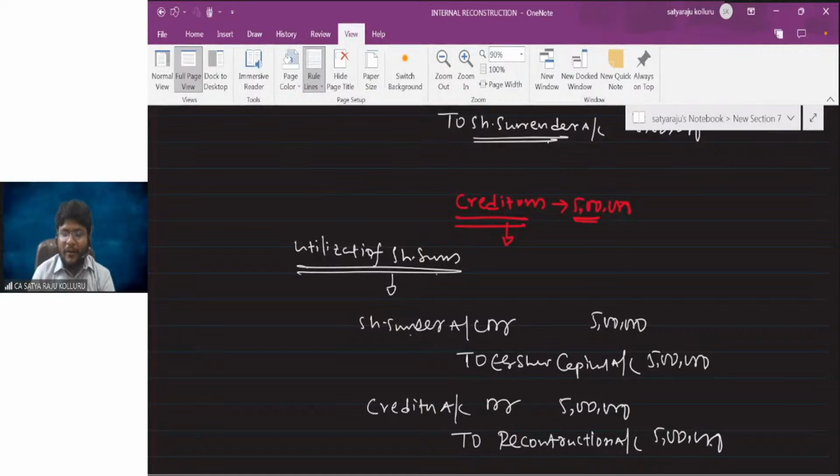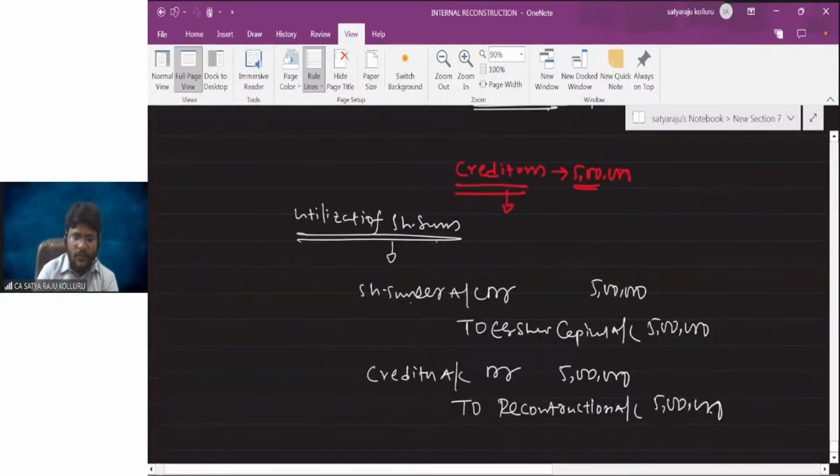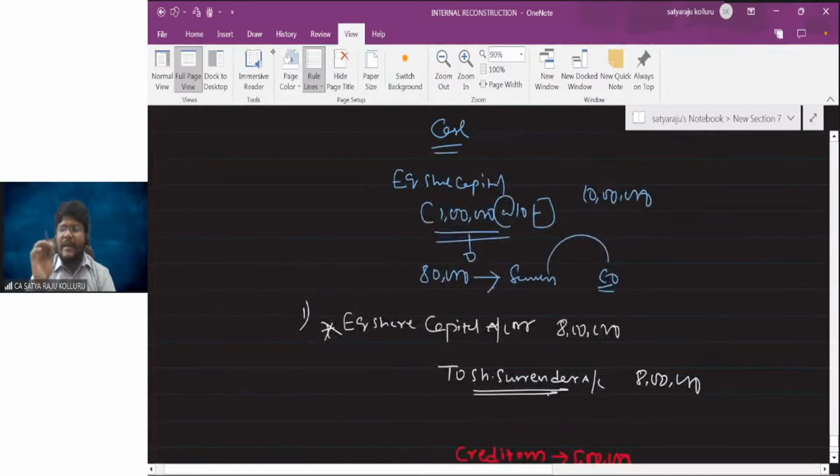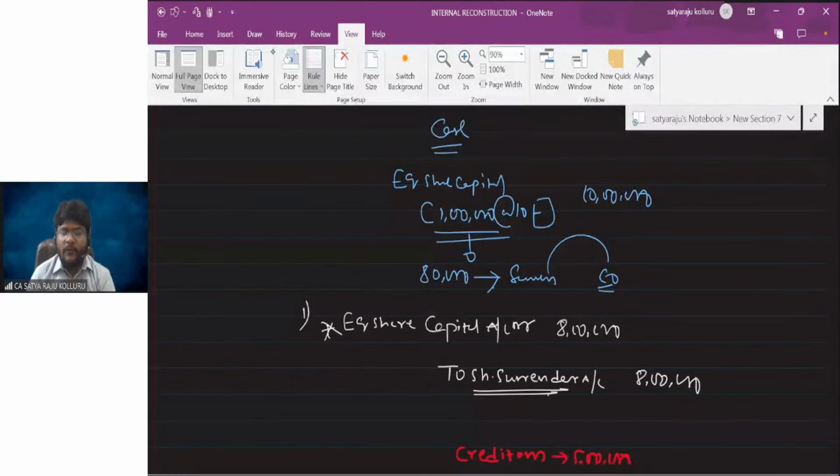You can't understand the logic behind passing these entries, sir. Please concentrate, I'll tell you in a very simple way. Sir, at the time of creation of share surrender, do you recognize any profit? Actually, shares surrendered by the shareholders lead to a profitable situation for the company, but the company is not recognizing any single rupee as profit.